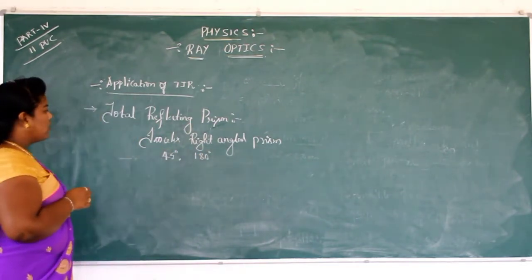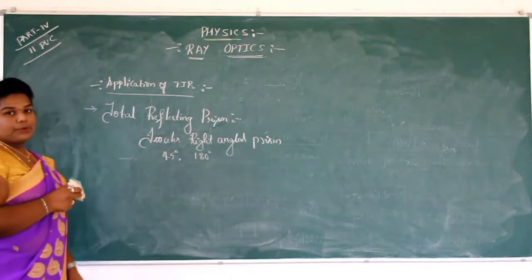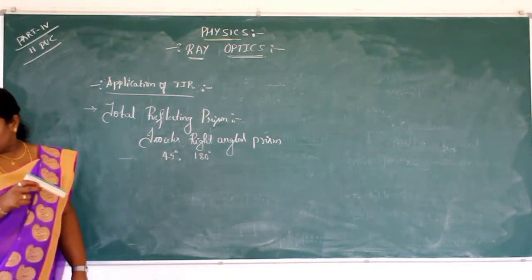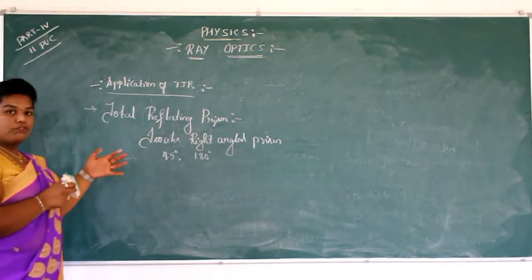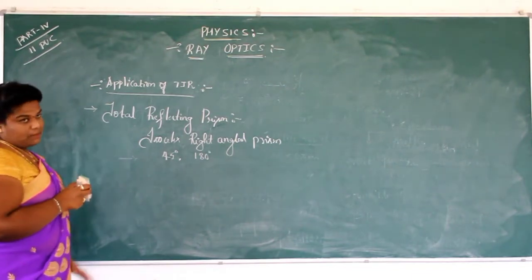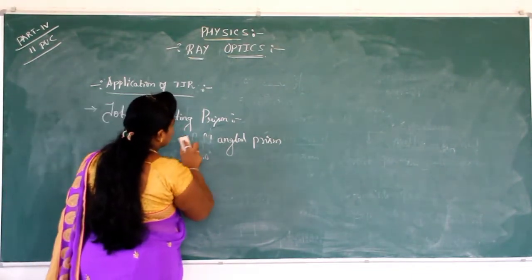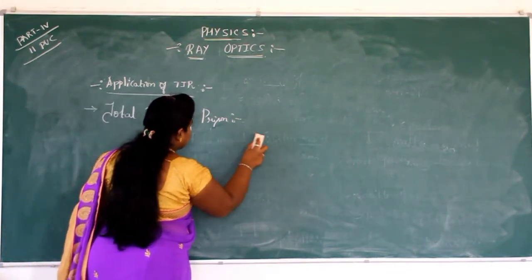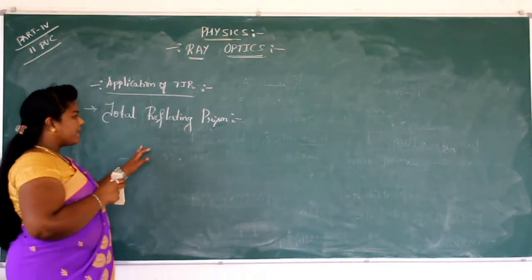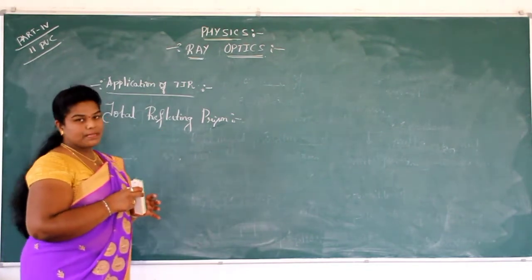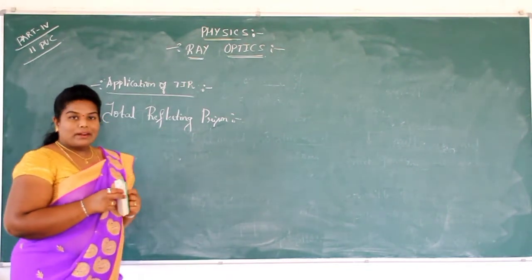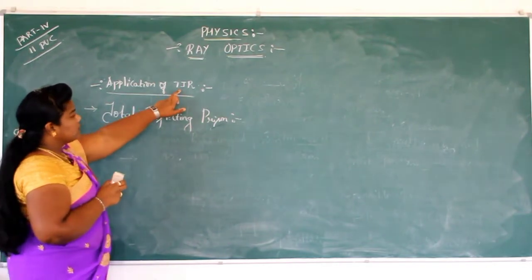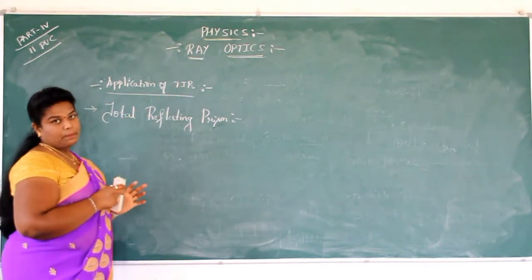Let us see how this exactly reflects the rays of light when they fall on the prism. We have two types. Already I said that total reflecting prisms are called isosceles right-angle prisms, which work on the principle of total internal reflection.